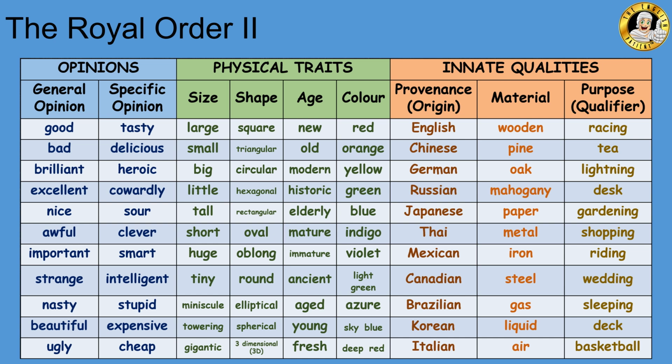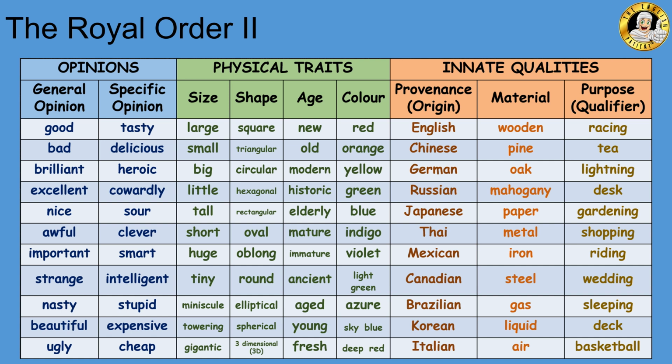Now, for physical traits, we will generally have the order of size first, and then shape, and then age, and then color, generally speaking. So for size could be words like large, small, big, little, tall, short, huge, tiny, minuscule, towering, gigantic.